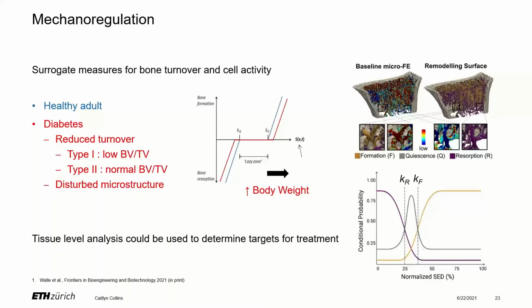In total, I think this tissue level analysis really has the potential to determine appropriate targets for treatment for diabetes. So if we can derive these mechanostat curves for diabetic patients, both with or without neuropathy, different comorbidities, potentially this could reveal this cellular behavior in an indirect way, allowing us to come up with differences in approach to which pharmacological treatments would be more appropriate.